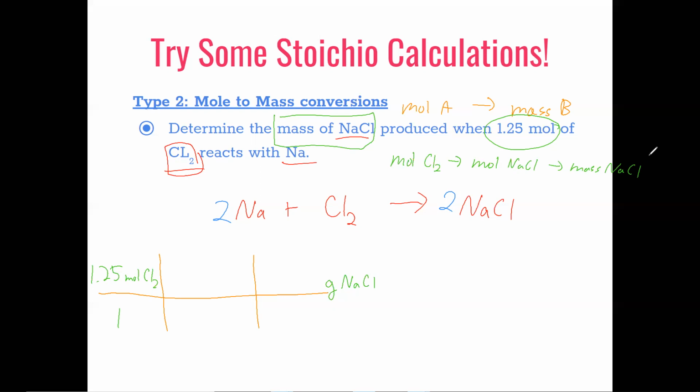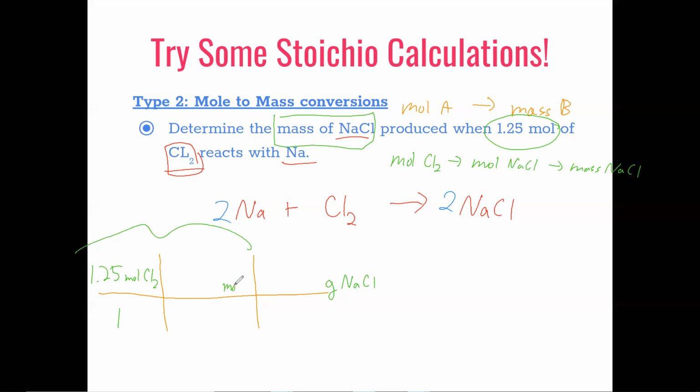If you are confused as to where I got that, I will be happy to show you in class. Okay, so our first conversion, moles of Cl2 to moles of NaCl. So that's this portion of our T-chart.